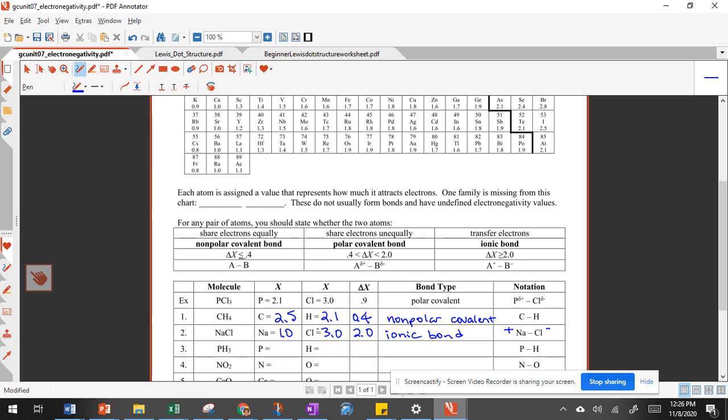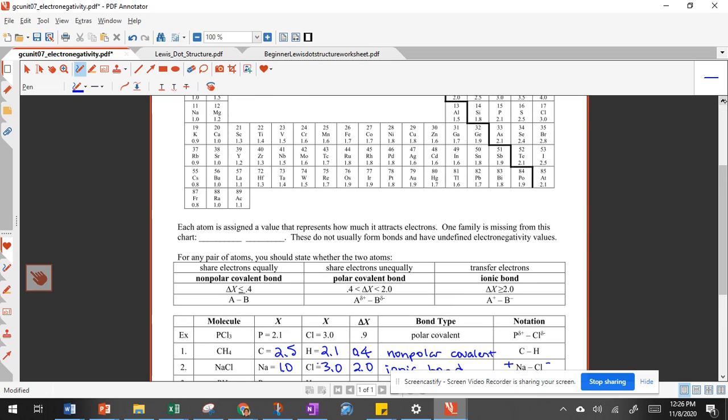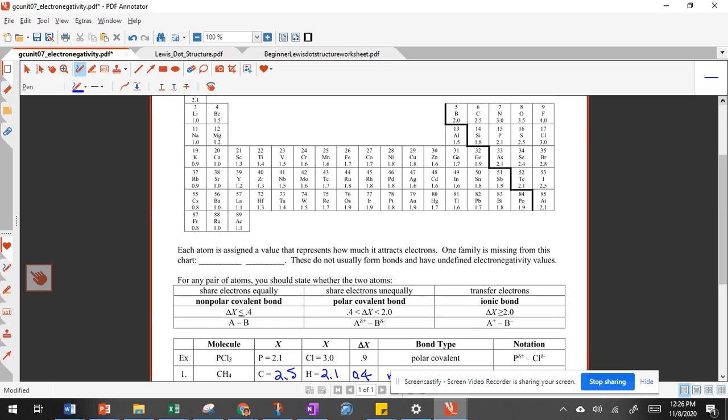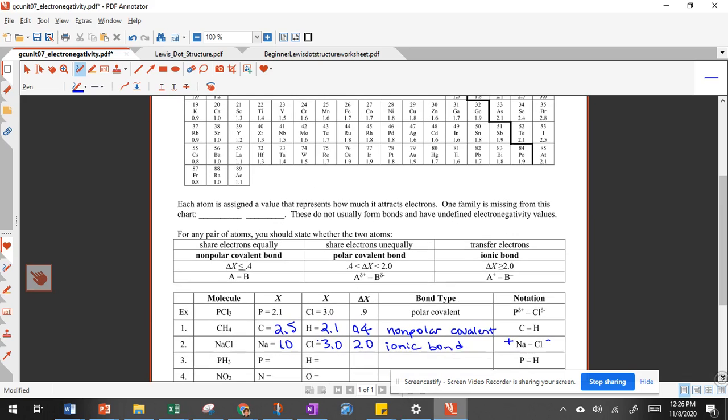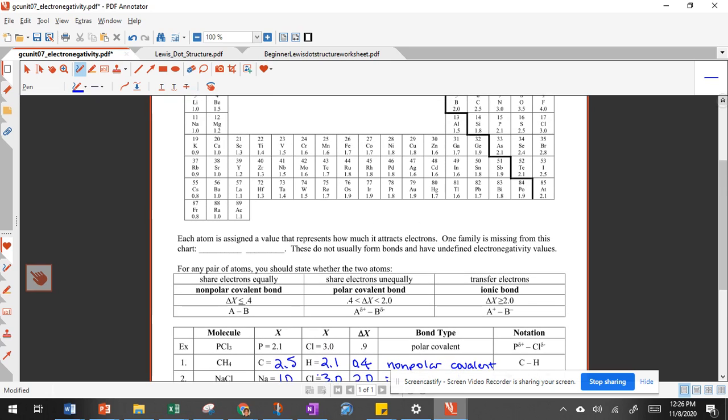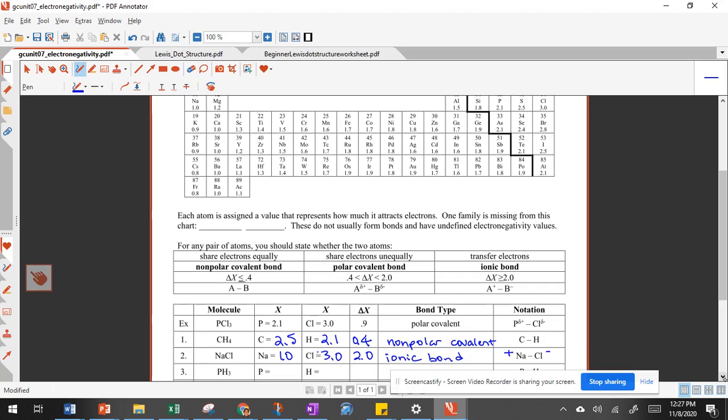So now let's look at phosphorus and hydrogen. Actually, let's not do phosphorus and hydrogen, but nitrogen and oxygen. So we see here nitrogen has an electronegativity value of 3.